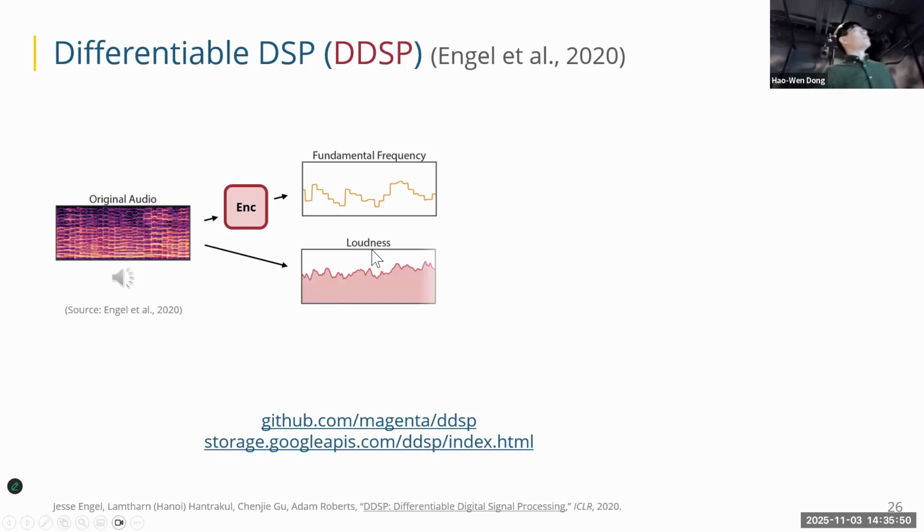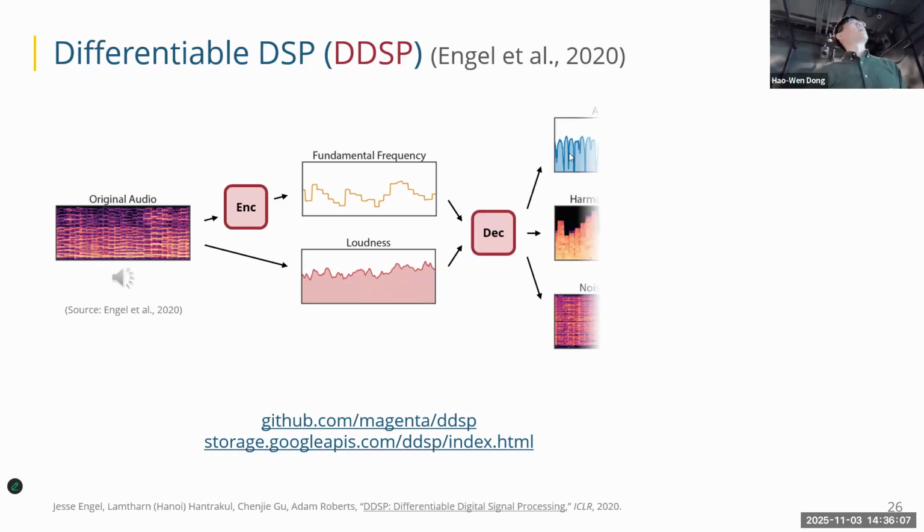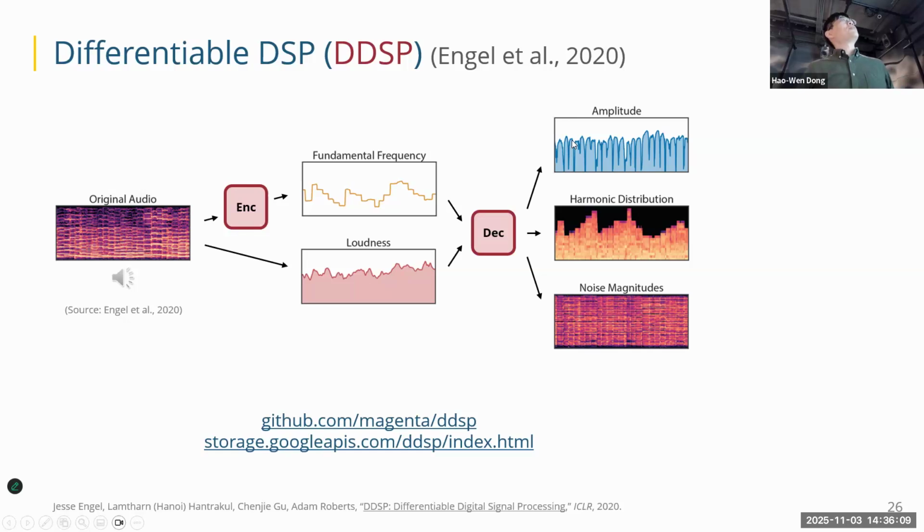You can also do the loudness curve. You see some of the peaks will align with where you have the onset. Usually you will have the maximum energy there. Together, these two things, you can already do a lot. You can get the essential amplitude, which is similar to your loudness curve, right?